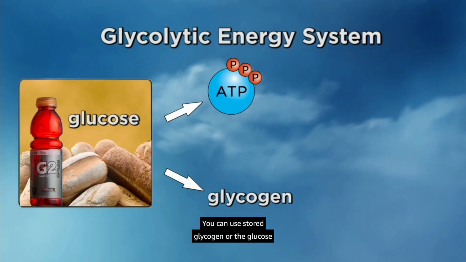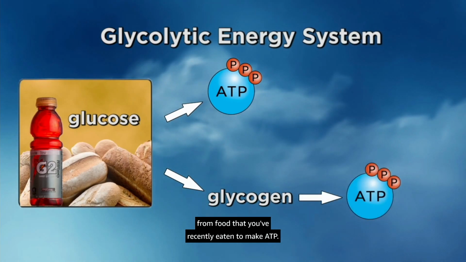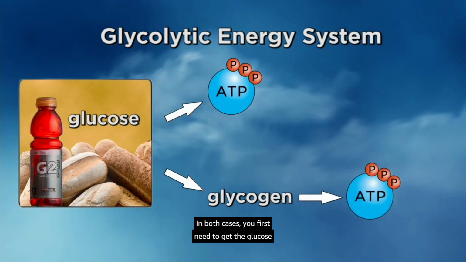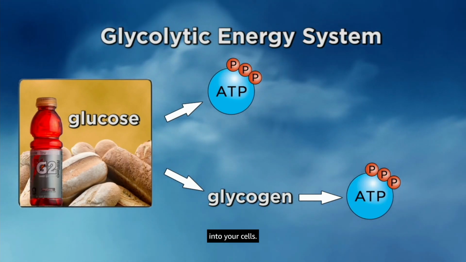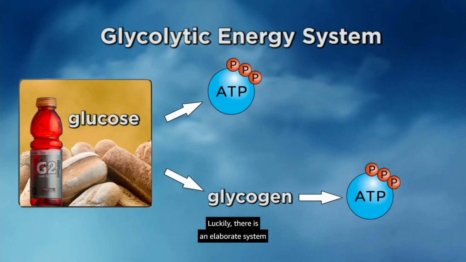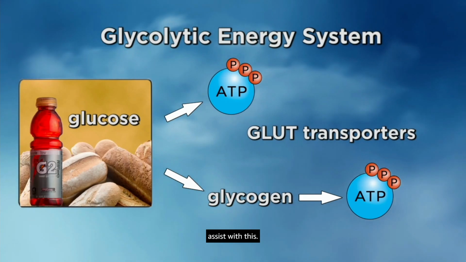You can use stored glycogen or the glucose from food that you've recently eaten to make ATP. In both cases, you first need to get the glucose into your cells. Luckily, there's an elaborate system of proteins called GLUT transporters that assist with this.